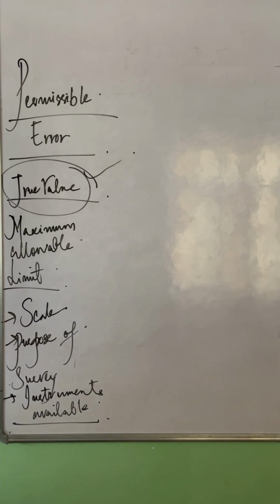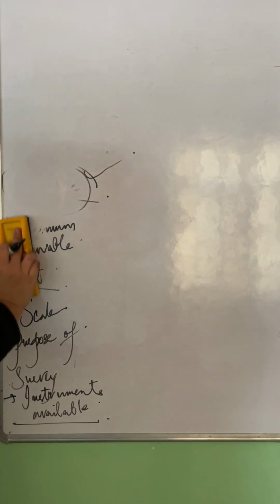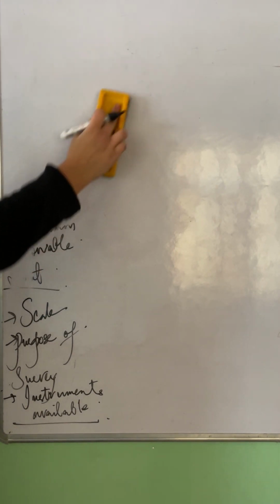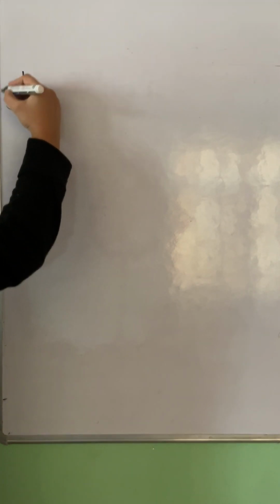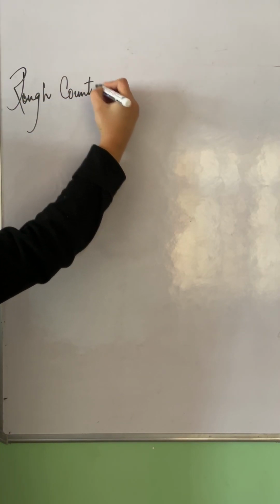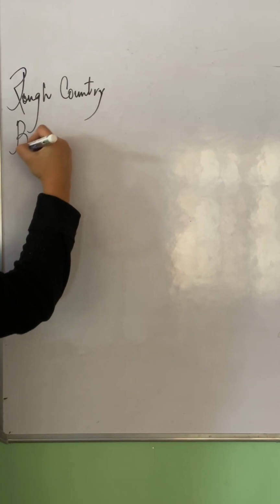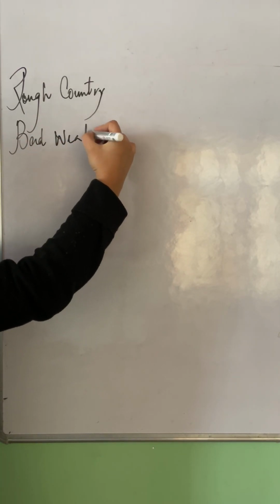All right. Let me write it down over here. A surveyor may be having many constraints, like he may have to survey in a rough country. There may be bad weather conditions.